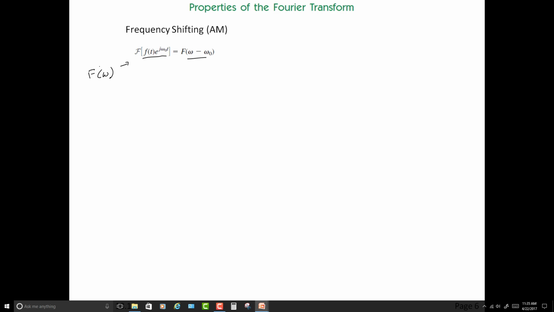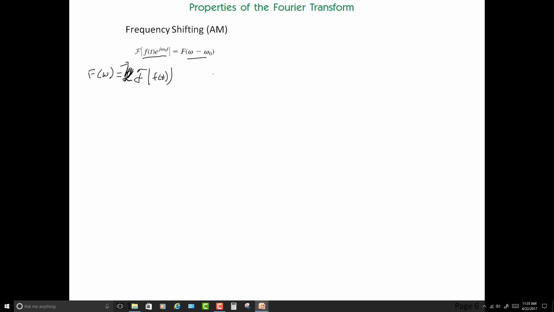If F of omega is the Fourier transform of f of t, then this is true, right?